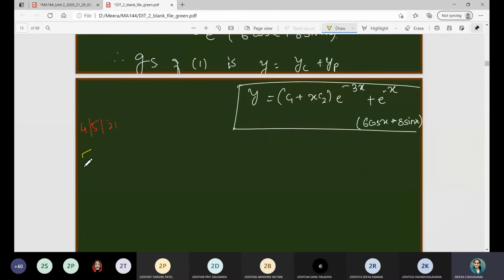Example: solve y double dash minus y dash minus 2y is equal to 3 e raised to 2x by the method of undetermined coefficients.